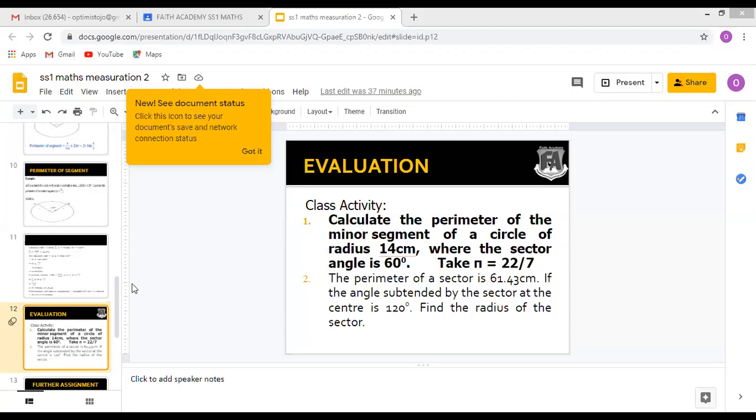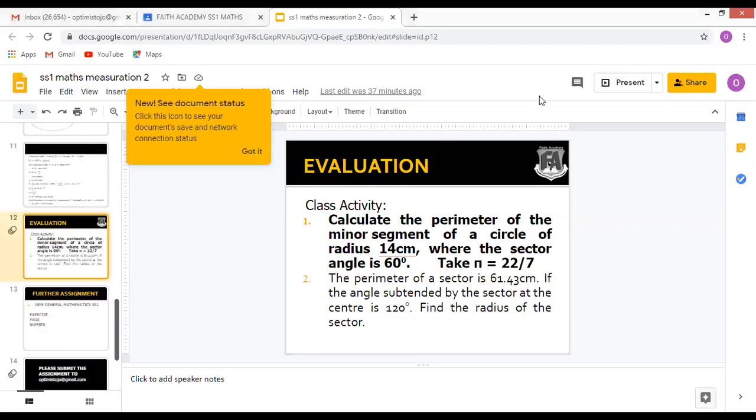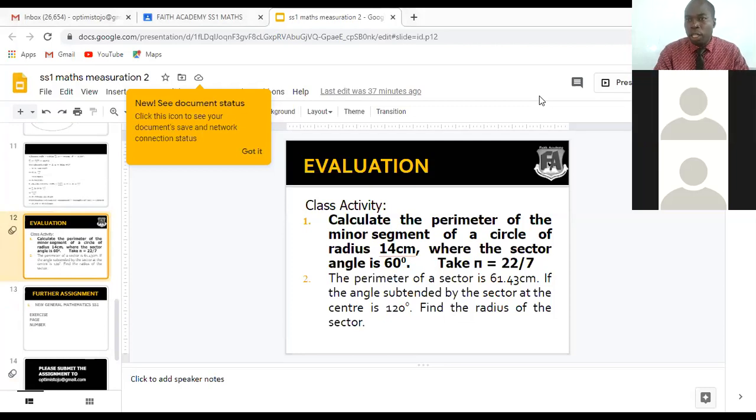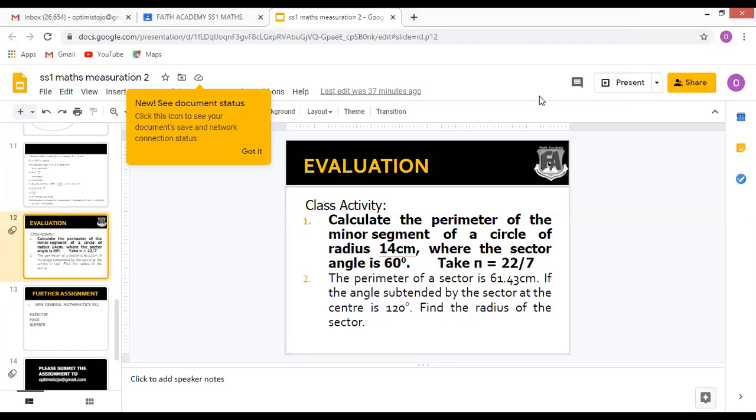Please, for those people that are just coming. Sir, please, I'm not seeing your slide. You are not seeing my slide? How many of you are not seeing the slide? I'm seeing it. Thank you.